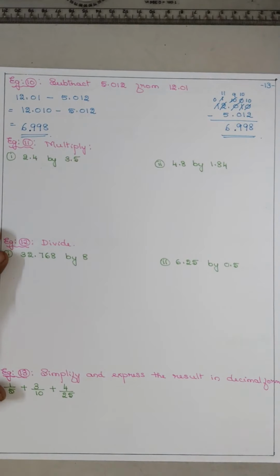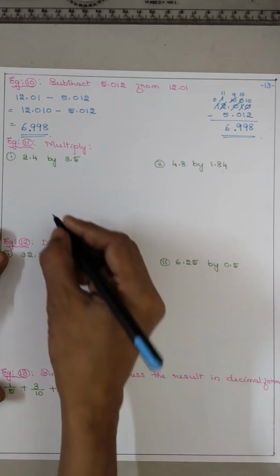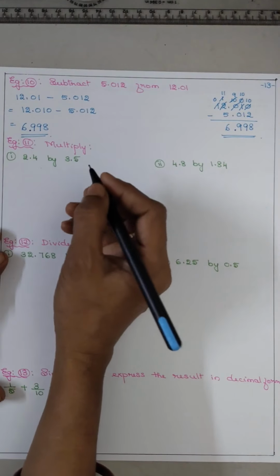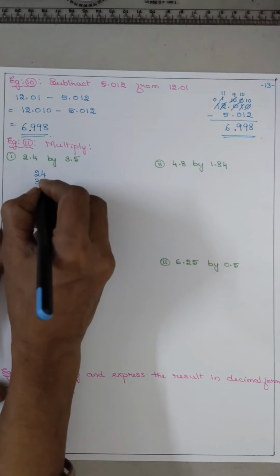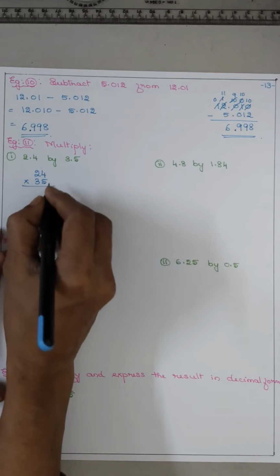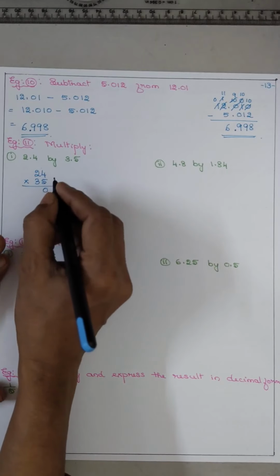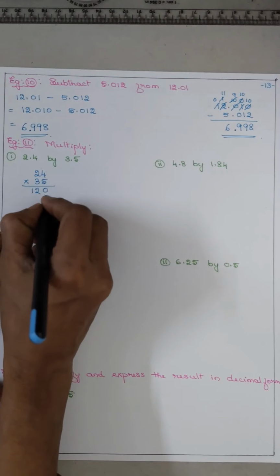6.998. Now coming to example 11, that is multiplication. Multiplication, you have to multiply by the usual method without putting the decimal. If it is a bigger number, we have to. So 24 and 35. 5 fours are 20, 5 twos are 10, 12.